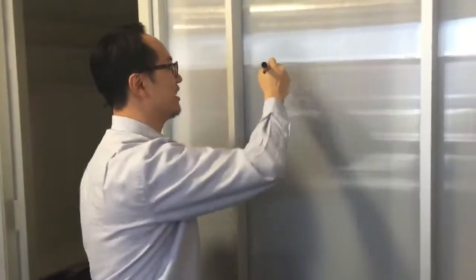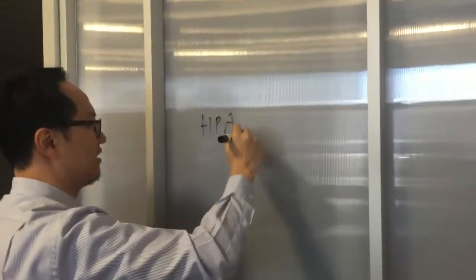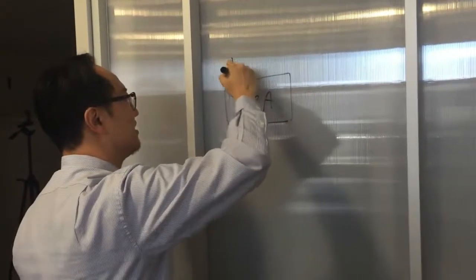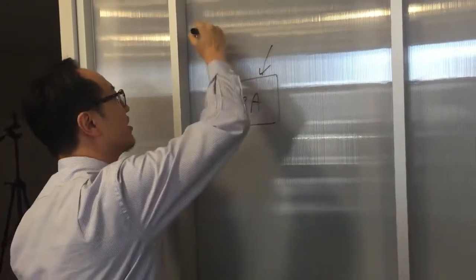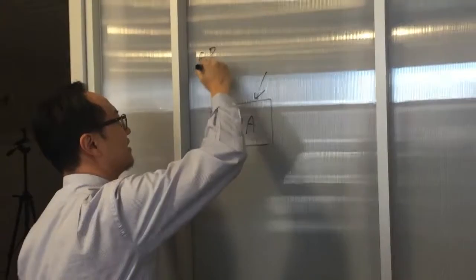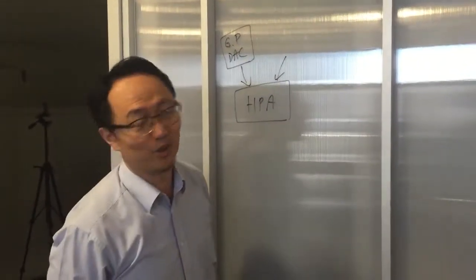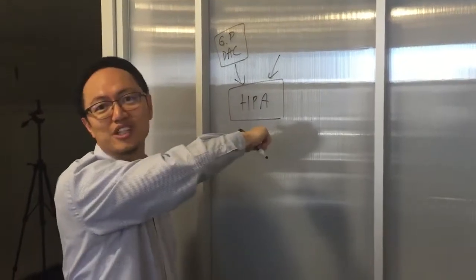Ideally, in our usage scenario, this is the HPA. It has two inputs. One can go from the Geek Pulse stack, and one from another analog source. So that's the first benefit when you use HPA.